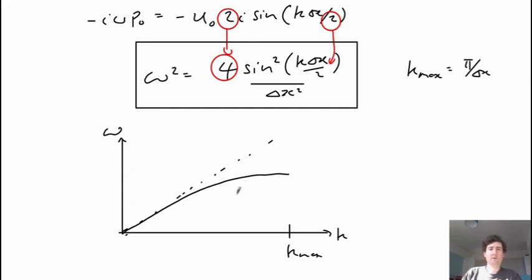So you end up with a velocity which starts rolling over but doesn't actually go down to 0. And so you end up with d omega by dk always positive, so always in the physically correct direction. And you don't end up with this zigzag mode with 0 frequency that you have in the cell-centered case.